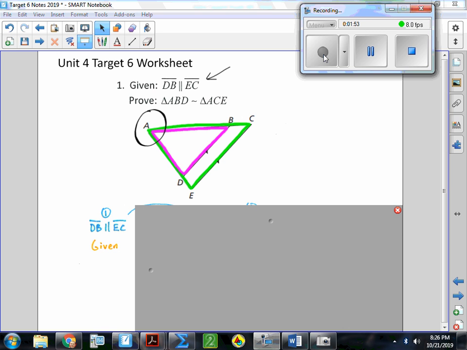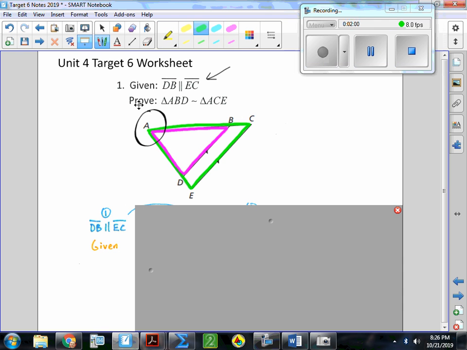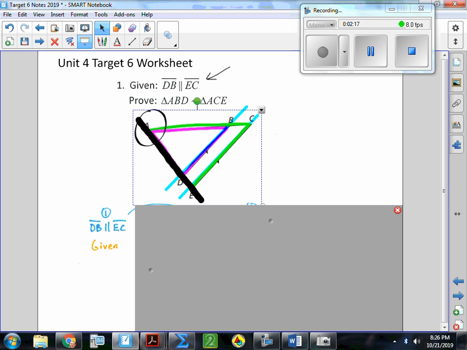Then we're going to use one of the lines as a transversal. It doesn't matter which line, but just to make sure we're clear what we're looking at here. These are the two lines that I'm identifying as parallel. And then I'm going to use this as my transversal.